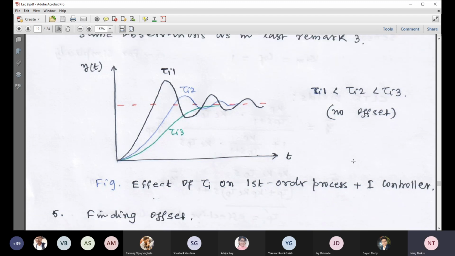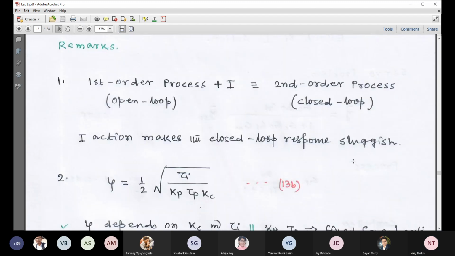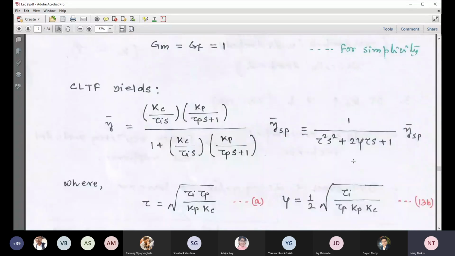Can you find the offset now? You just use the closed loop transfer function equation you have derived. In the fifth point, we want to find the offset. So for this, you just consider the closed loop transfer function you have derived before. See, this is your closed loop transfer function.